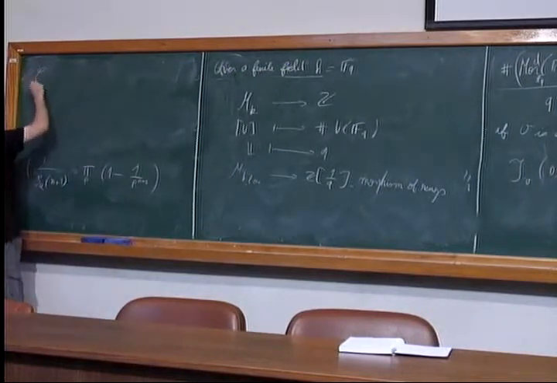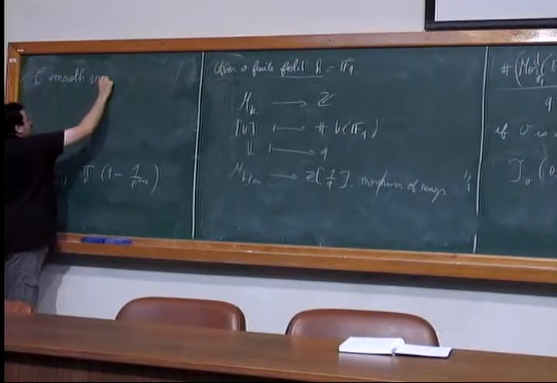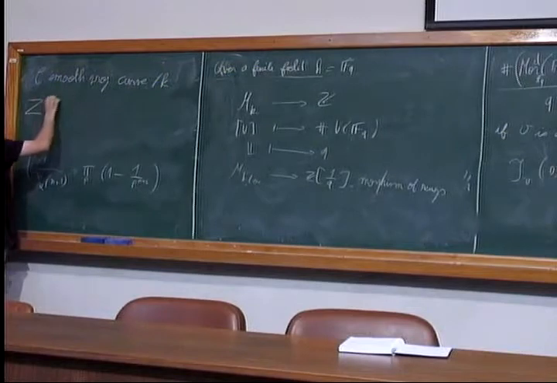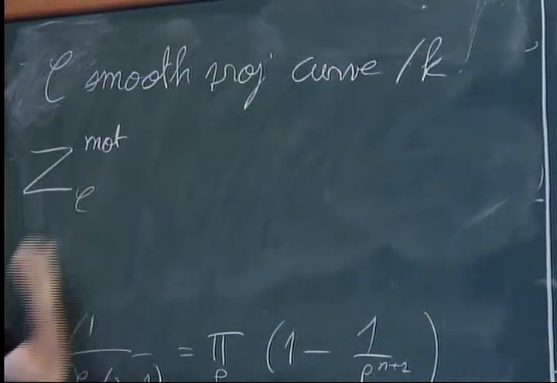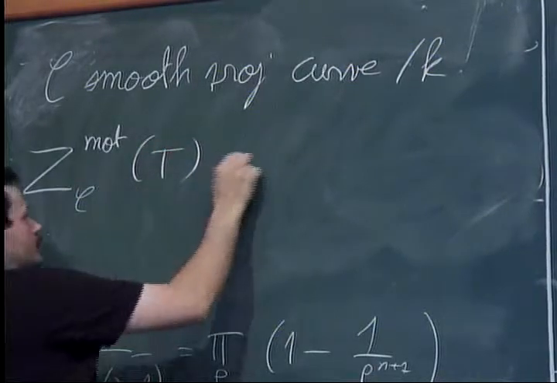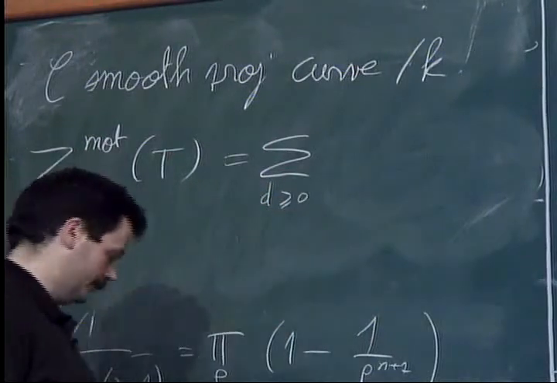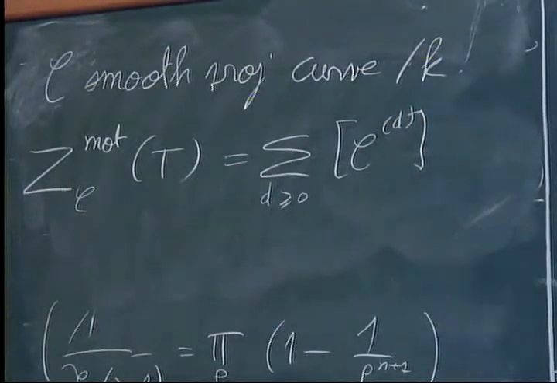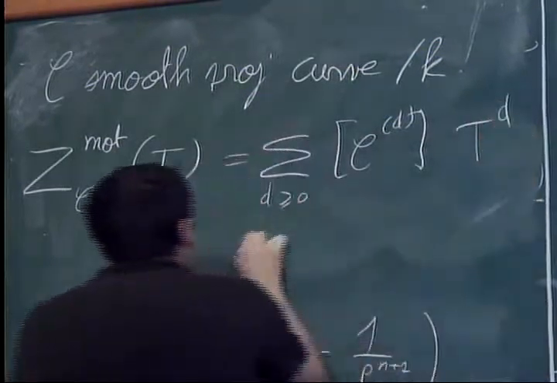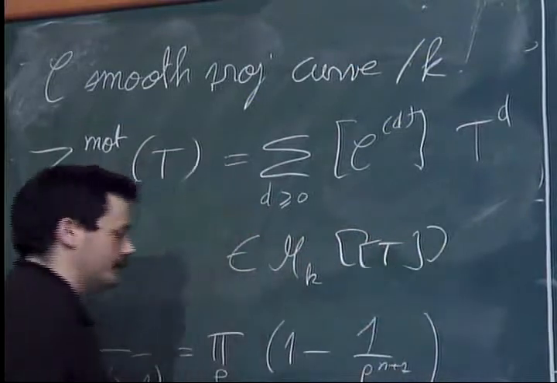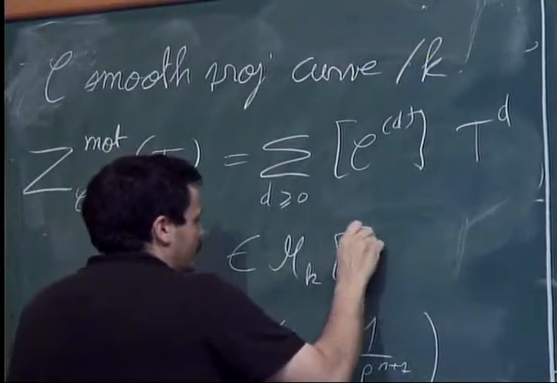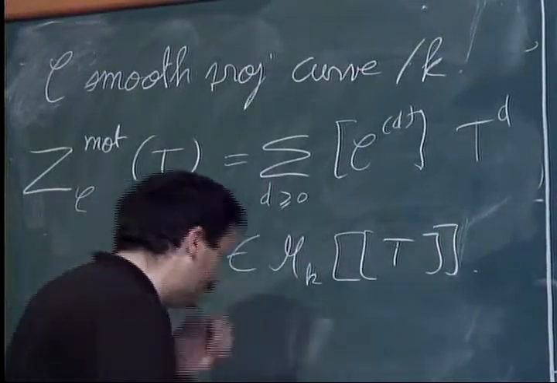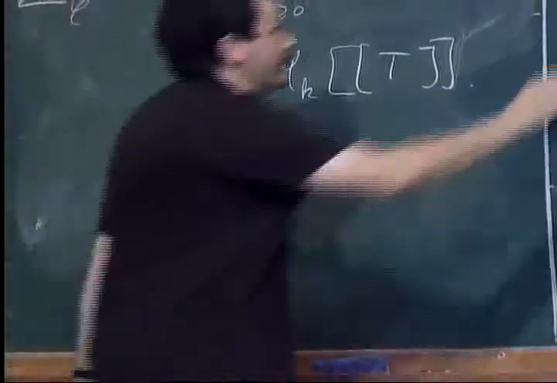If I take C a smooth projective curve over a field little k, then I define the motivic zeta function of C to be the sum for D bigger than 0 of the class of C^(D), the symmetric product of the curve, times T to the power D, which belongs to M_k[[T]], the formal series over M_k. And in fact, these functions were studied by Kapranov. So there is a theorem of Kapranov.